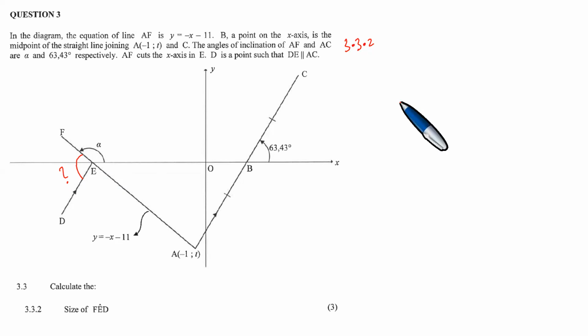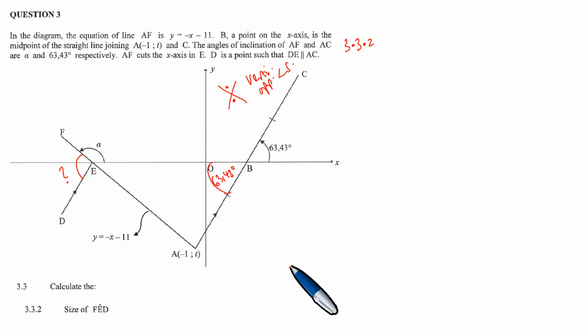So you have ABE, because if this one is 63, this one is also 63,43 degrees. Why? Because they are vertically opposite angles. If there's an X, this angle is equal to that angle, and they are vertically opposite angles. All right, to continue.